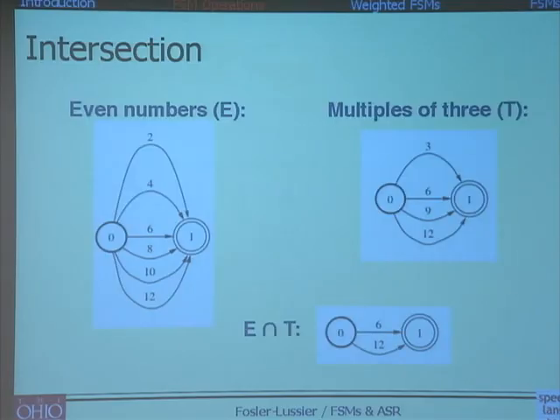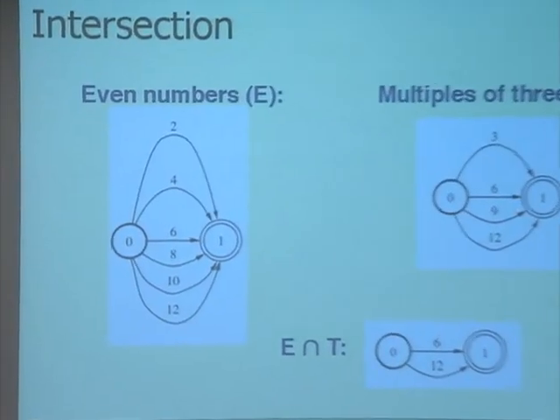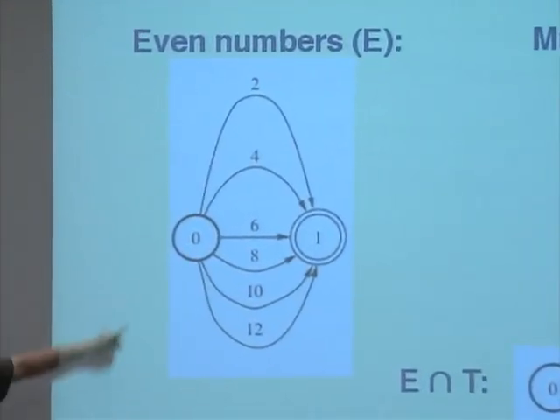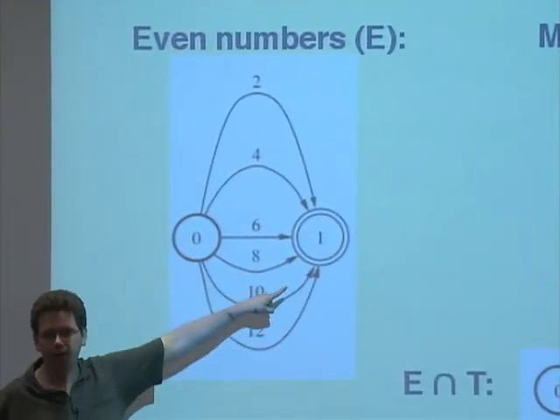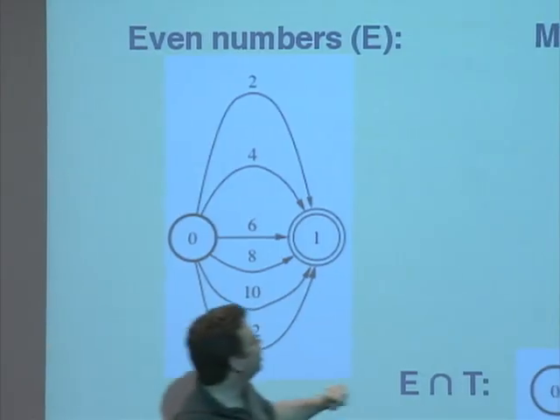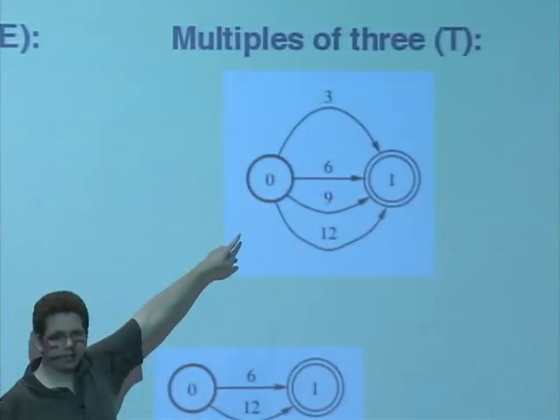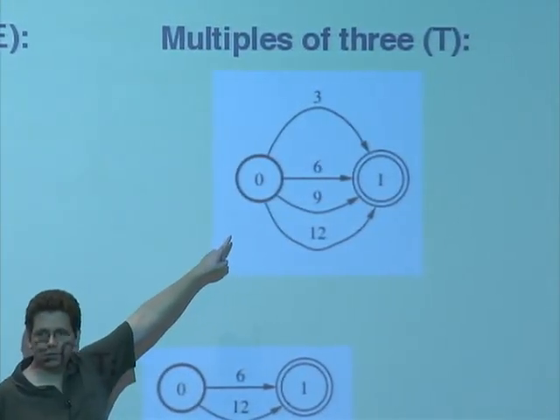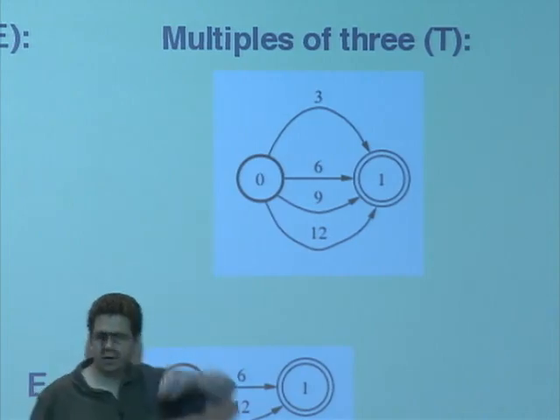All right. So let's make it a little more interesting. Instead of having a single path, let's take an acceptor for the even numbers up to 12, right? Here is another acceptor that does the multiples of 3, right?